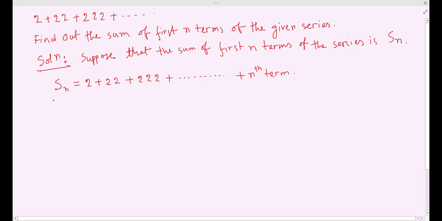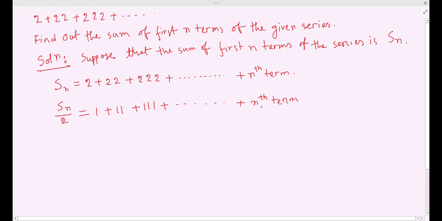So we can write Sn by 2 equal to 1 plus 11 plus 111 plus like this plus the nth term.